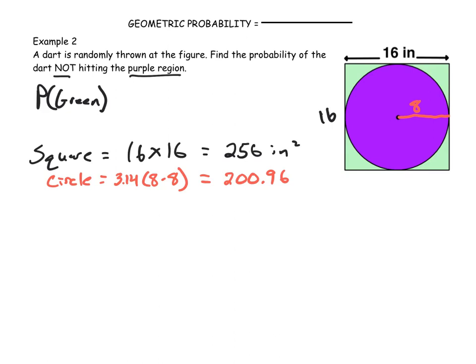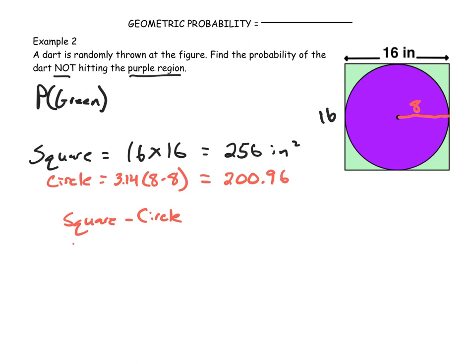So now what I need to do is take my square, wow, that's just some really bad spelling there. Square, S-Q-U-A-R-E, minus my circle.